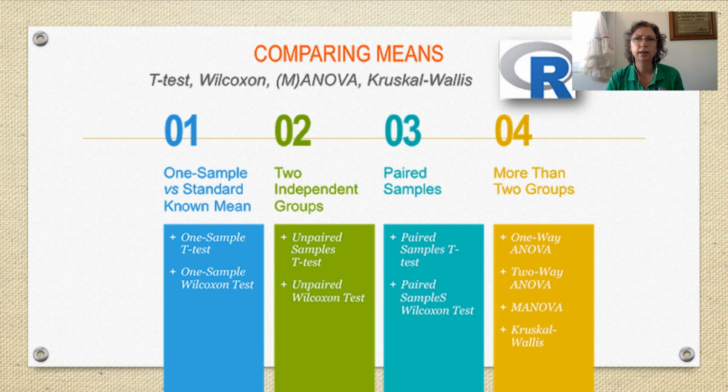It would be like comparing students' perceptions of research methods at the beginning of the term compared to their perceptions at the end of the term. Now, across all these t-tests, I want you to think about how are they different and how are they the same?